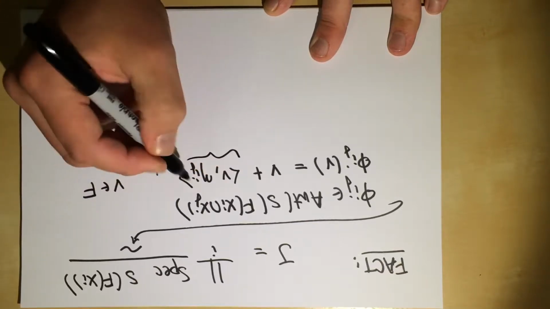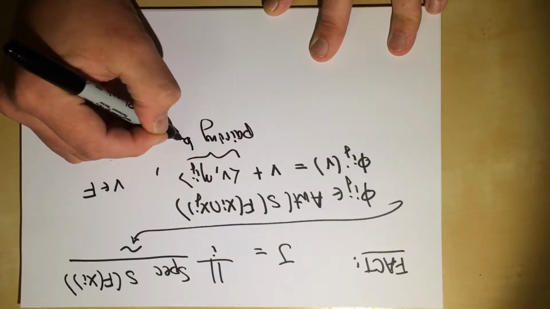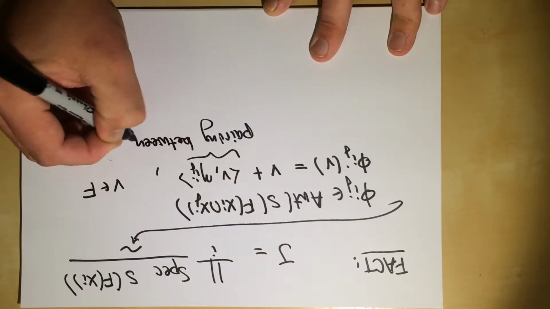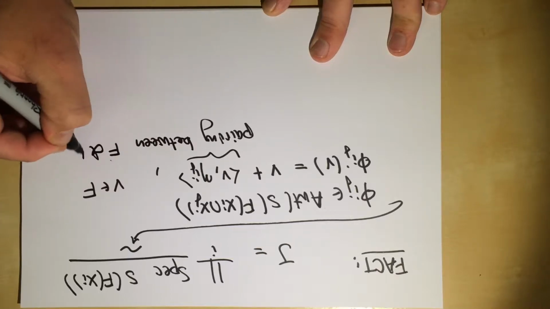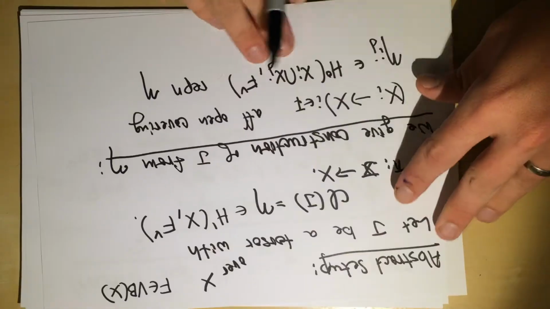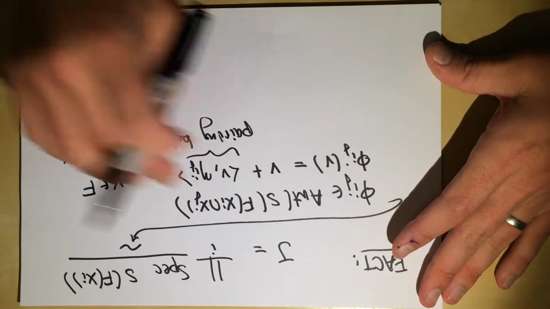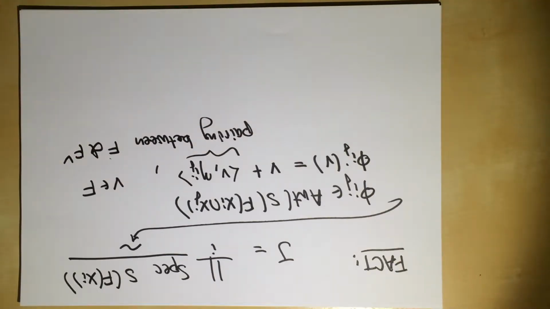So this is the pairing between F and F dual. These eta_ij are in F dual, and these guys are going to be in F, and this is the transition between the two things.